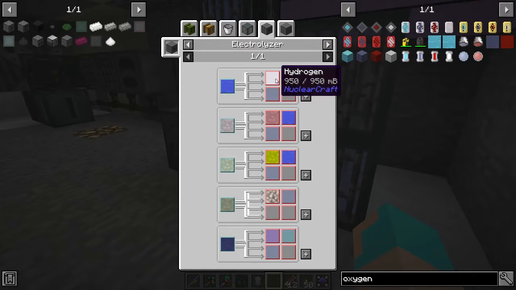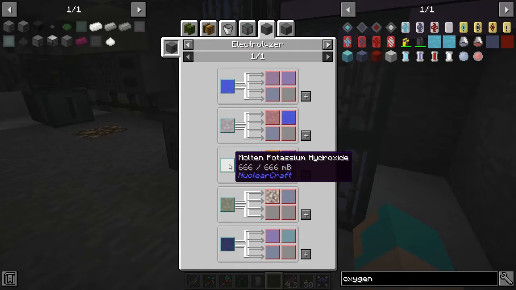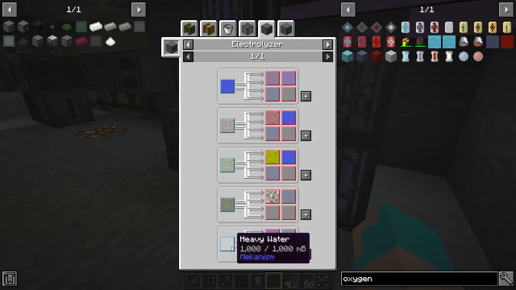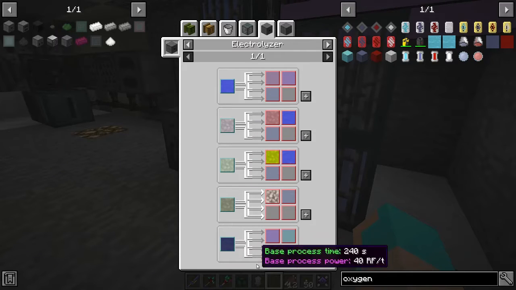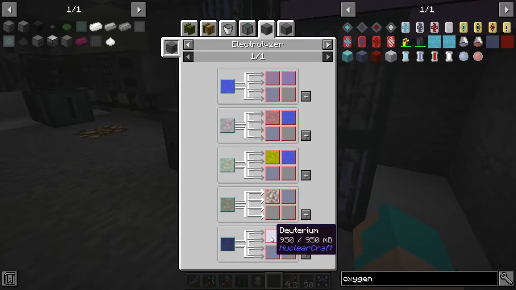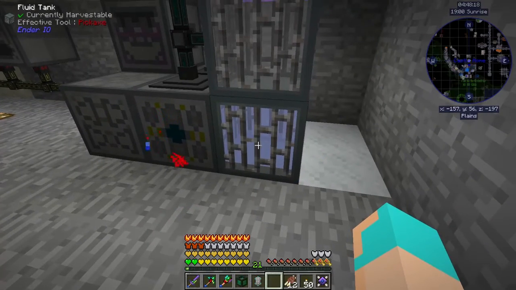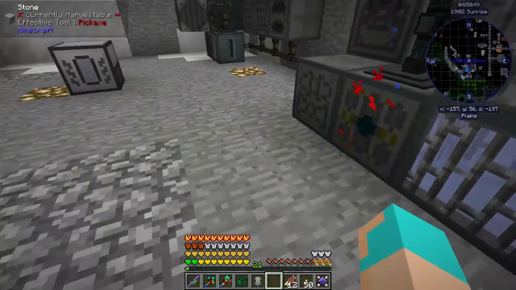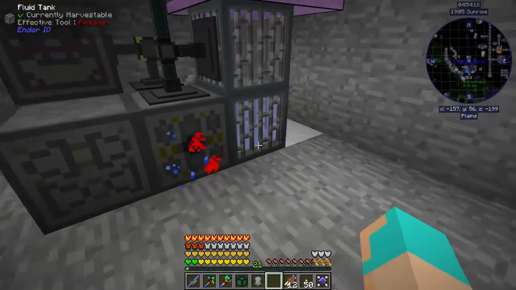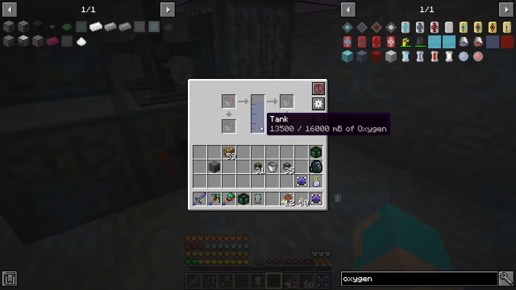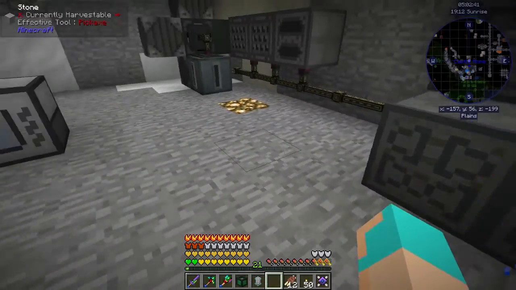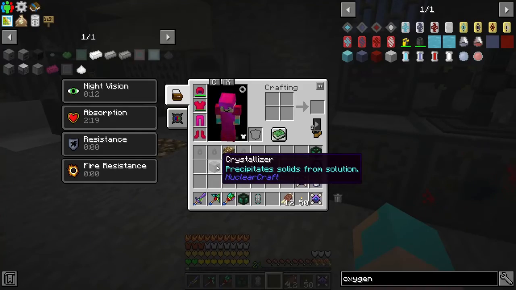Kind of sucks. Heavy water would only give us the same. Oh, but it would give us tritium and deuterium. Alright, so anyway, we've got the oxygen happening here, right? So now we need to move this oxygen into another container. Not the crystallizer.